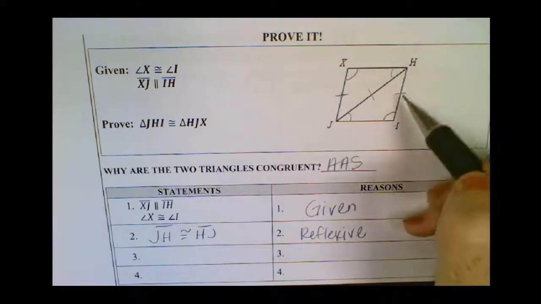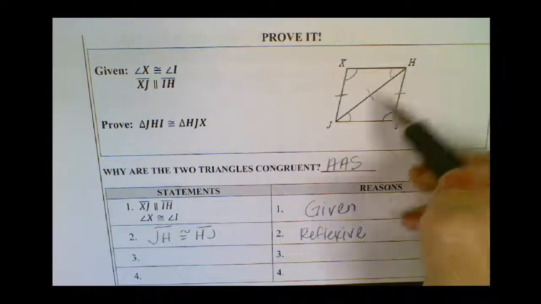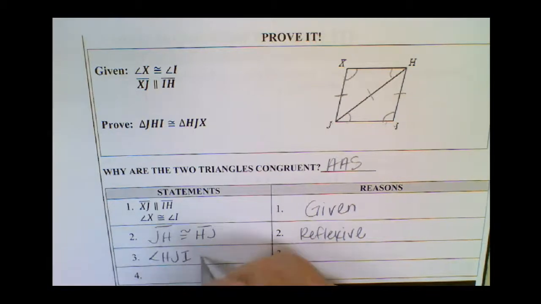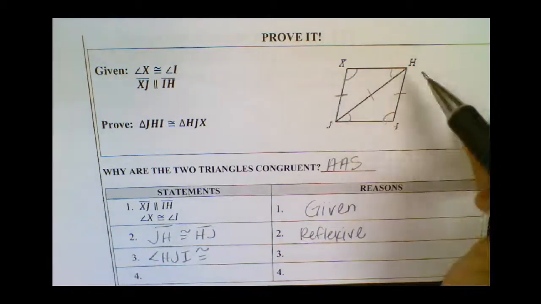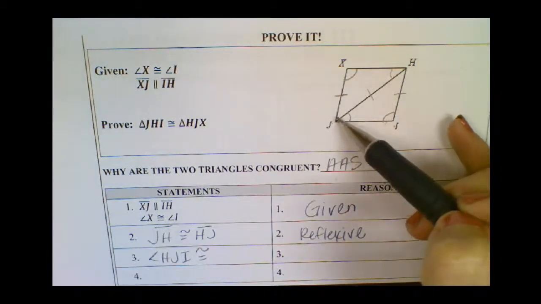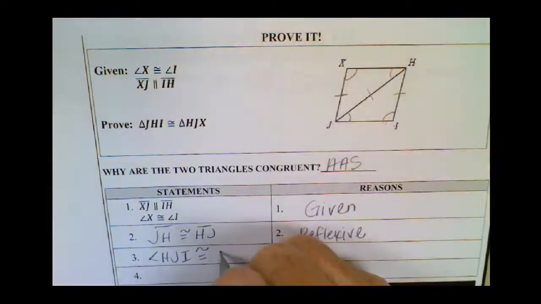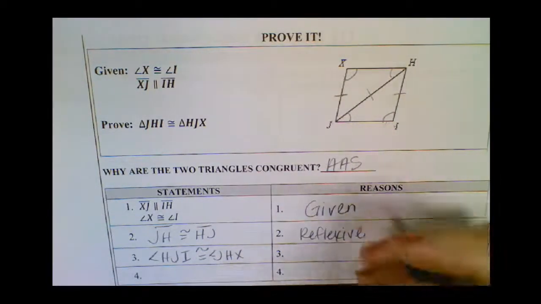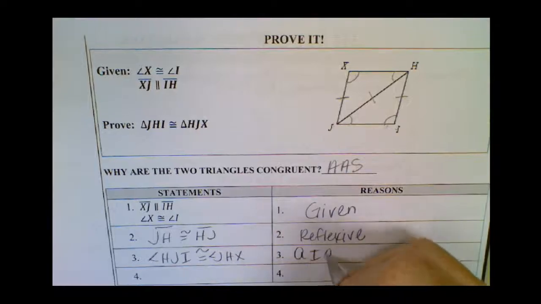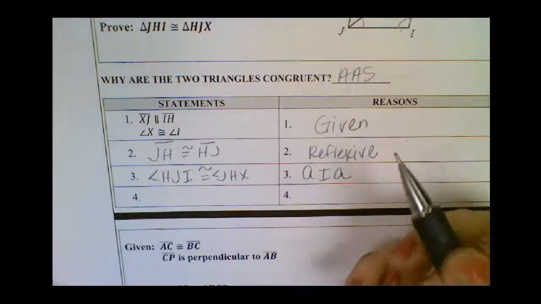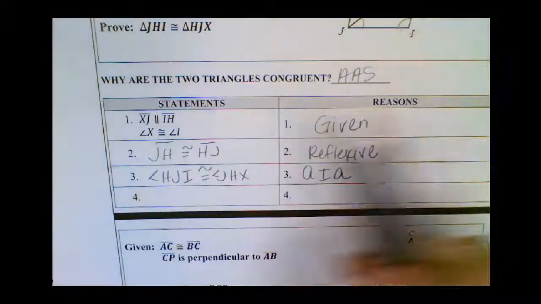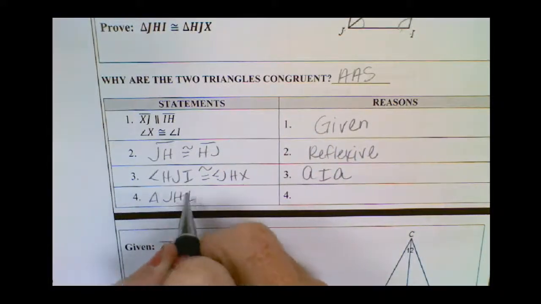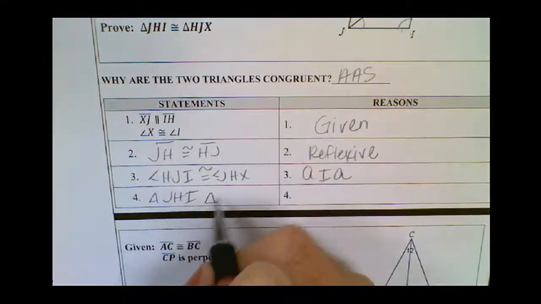Then I know that angle, and you have to be careful how you mark this, angle HJI is congruent to JHX by alternate interior angles.